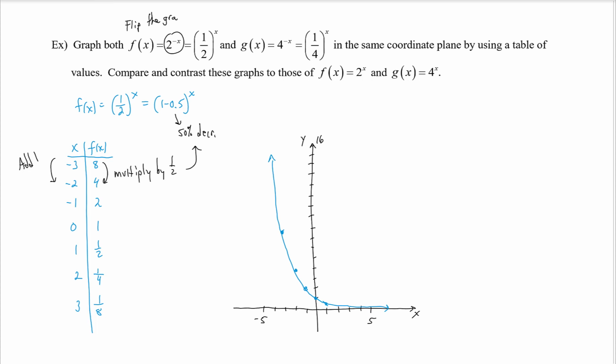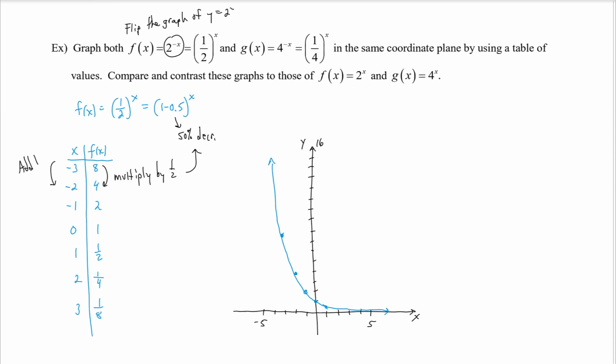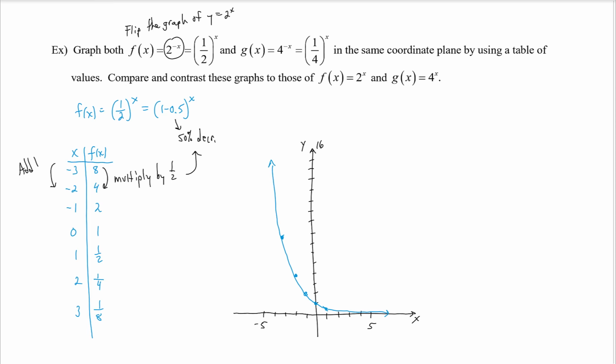So you're going to flip the graph of y equals 2 to the x over the vertical axis. Right, that's one of our transformations. If I replace x with -x, I flip it over the y-axis. And that's exactly what happened. I have that same shape that used to look like this, right?